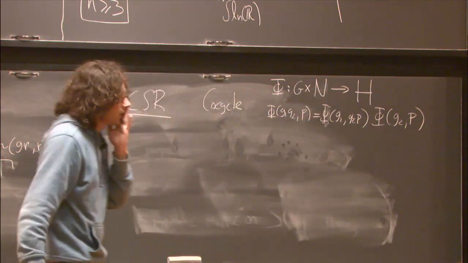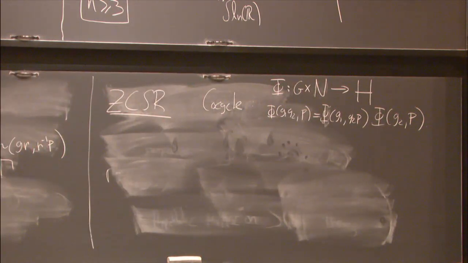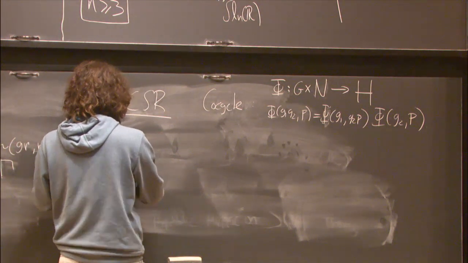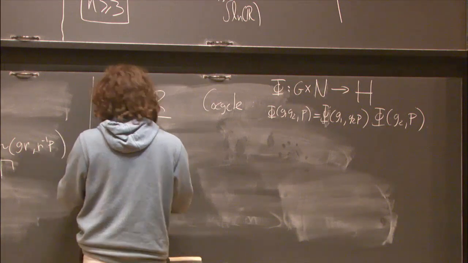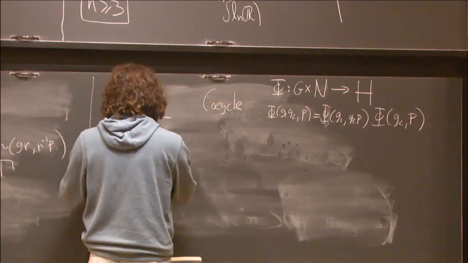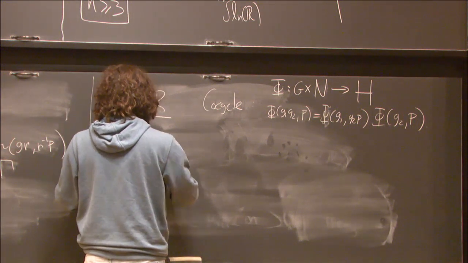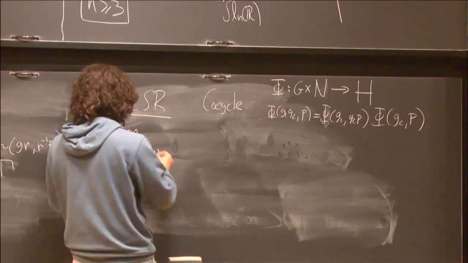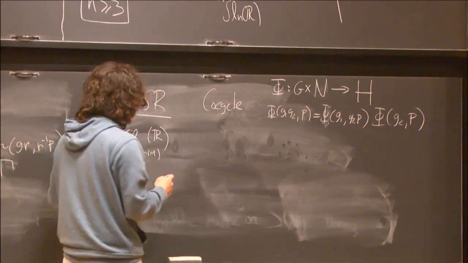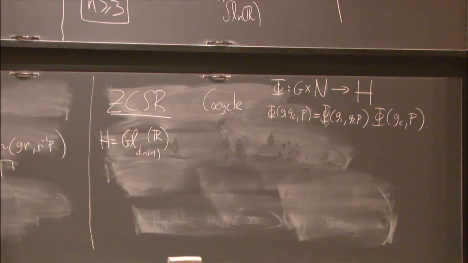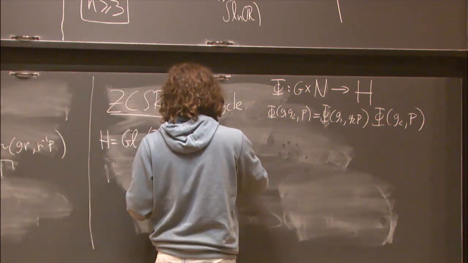Okay, so in our example here, H is going to be SL of the dimension of the fiber, so SL of dim of M is going to be the fiber derivative of R. G is going to be my original, so this was SL(n,R), G of SL(n,R).